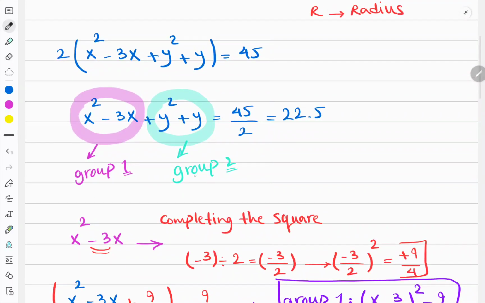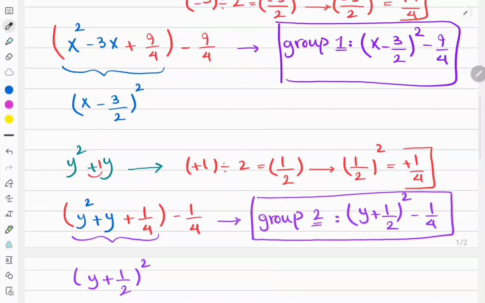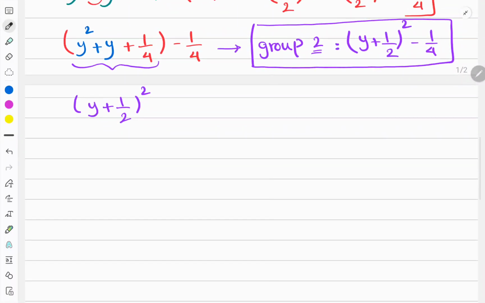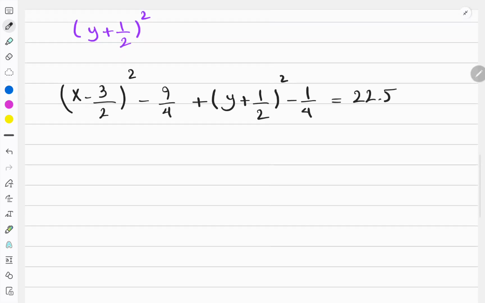So we know that the expression of group 1 and group 2, the sum of them, equals 22.5. So I'm going to rewrite them. For group 1, I have (x minus 3/2) squared minus 9/4 plus, for group 2, I have (y plus 1/2) squared minus 1/4, and the sum of them is 22.5.